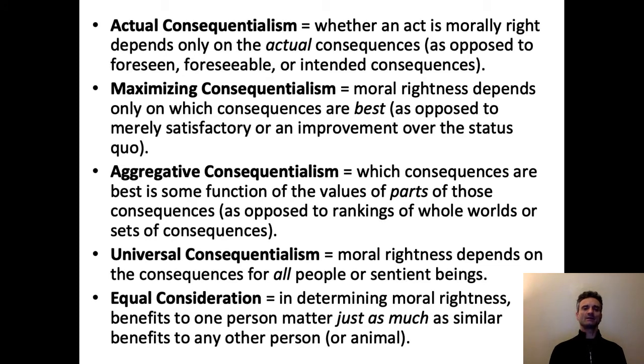Now, I have to say that there are many, many different types of utilitarianism and consequentialism. For example, there's actual consequentialism, which says that whether an act is morally right depends only on the actual consequences, not the consequences that I foresee or that I suppose might come about.